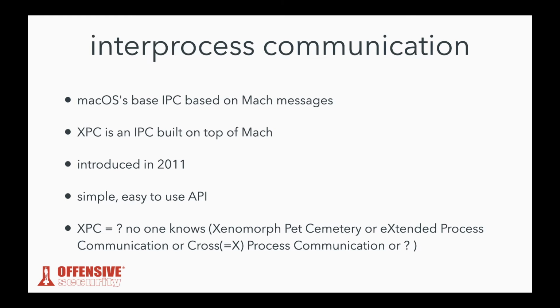Compared to Mach, if you ever had to deal with Mach or reverse engineer the Mach API, it's really clean and nice and easy. Now, what does XPC stand for? Really no one knows. To the best of my knowledge, Apple never really said. It could be like XNU Porting Symmetry or extended process communication. Probably the second is more likely, or it could be cross-process communication, or anything you can come up with.